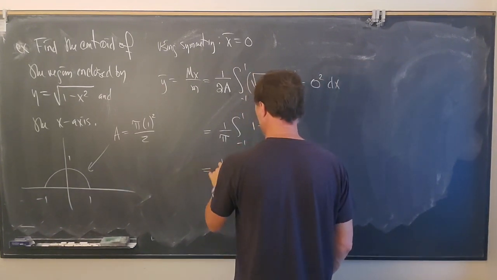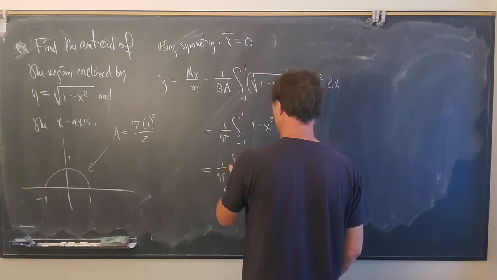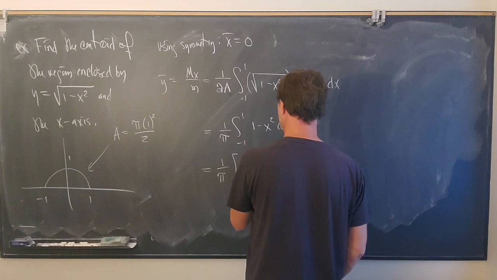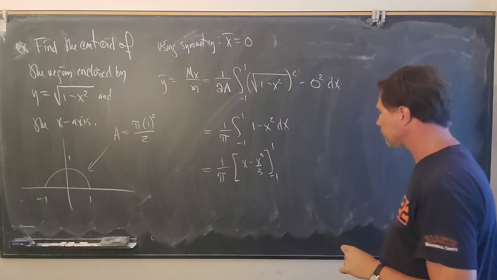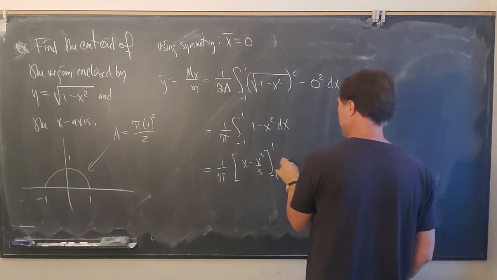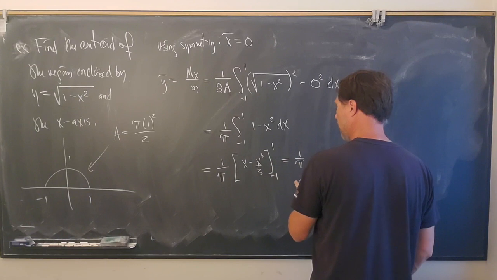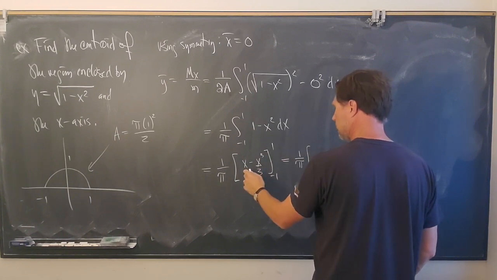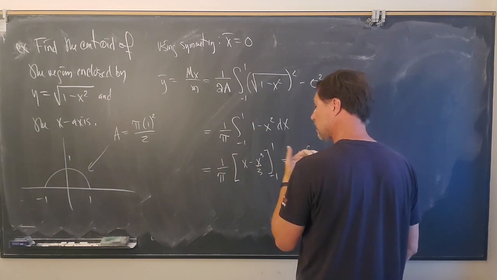So that's going to equal 1 over pi times the antiderivative: x minus x cubed over 3, going from -1 to 1. When I plug in the upper limit, I get 1 minus 1/3, so that's 2/3.